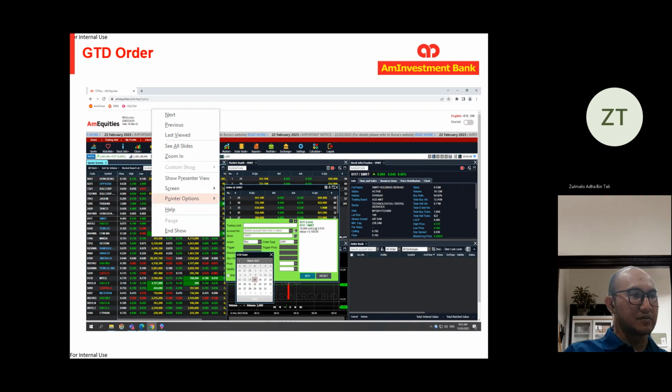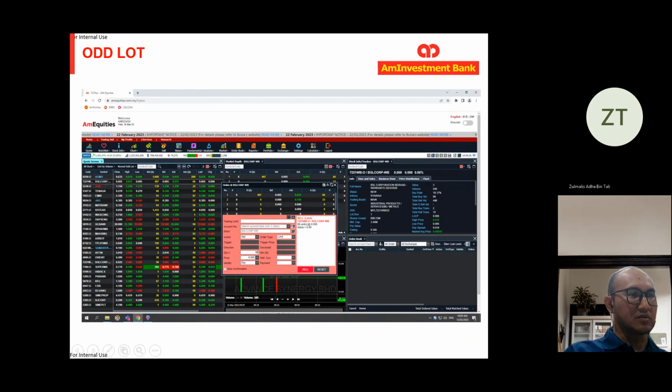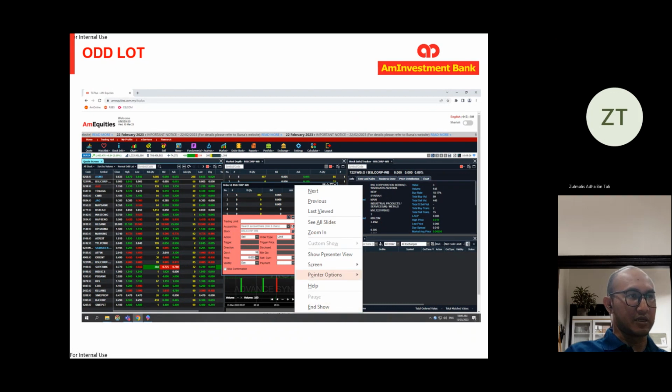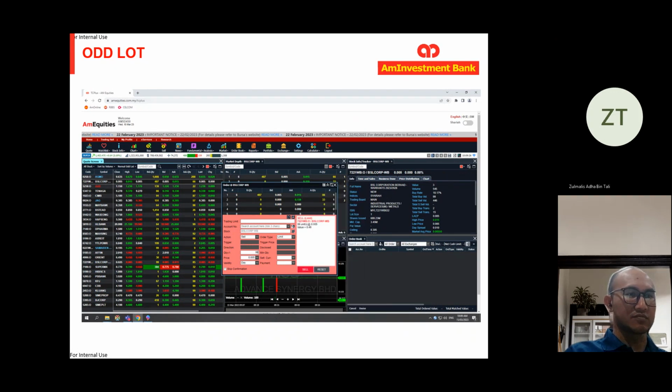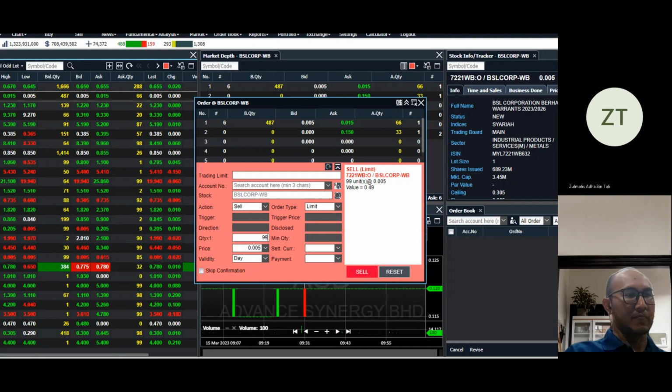All right, this is what I meant when talking about odd lot just now. If you look at the difference here, quantity is times 1. So basically you can sell 99 units maximum. For 100 units, you need to go back to the normal board lot. So this odd lot only caters for 1 unit until 99 units.